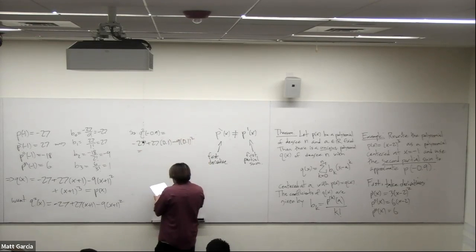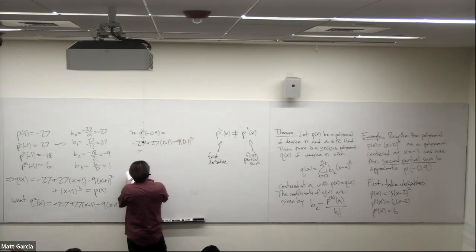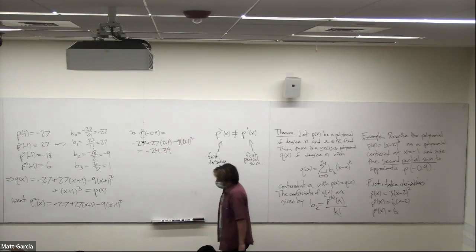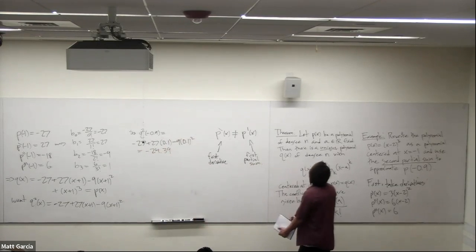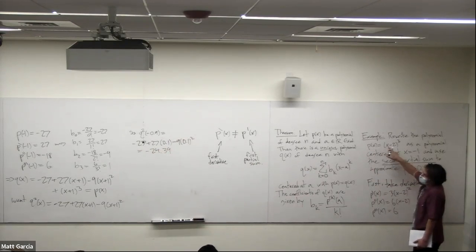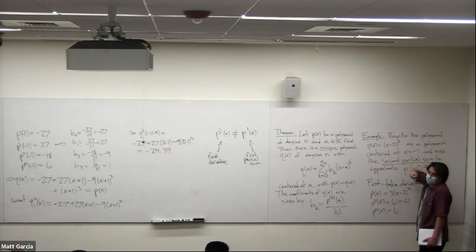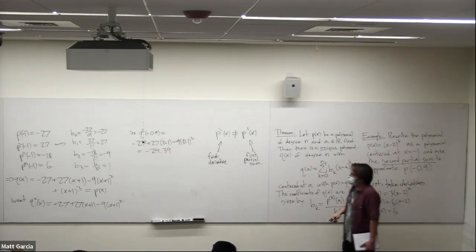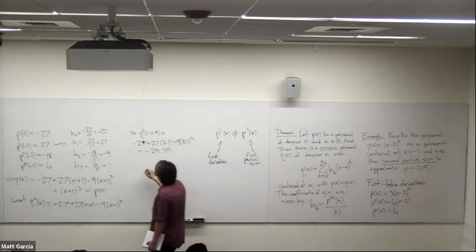If I do a little arithmetic here, what do I get? I get -24.39. This is my approximation of the value of P if I plugged -0.9 into P.